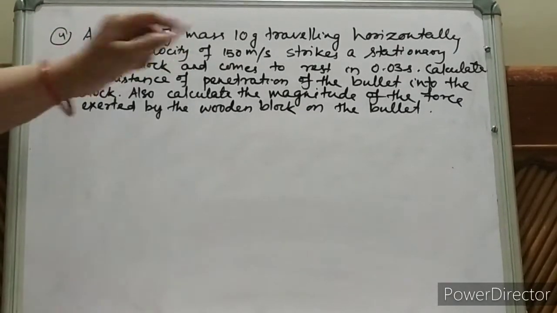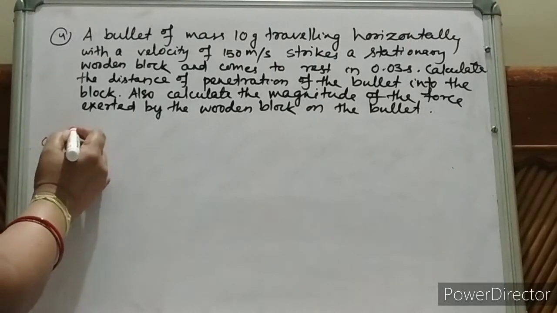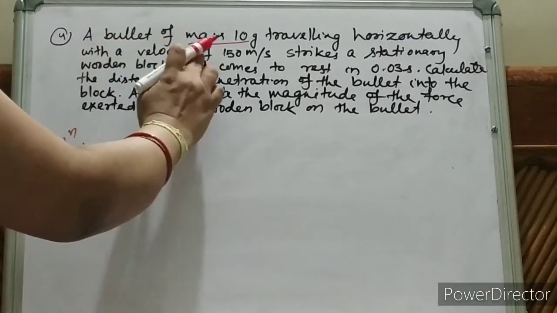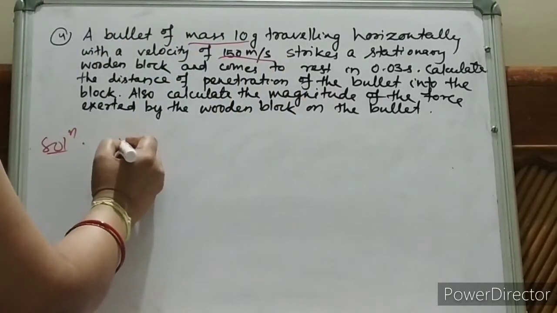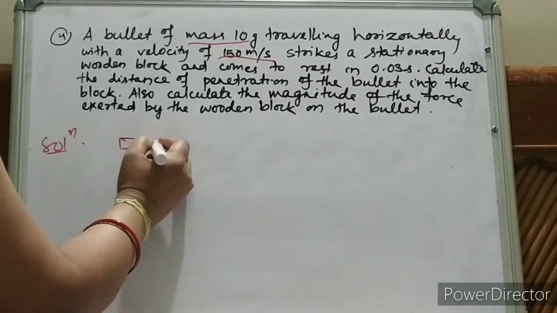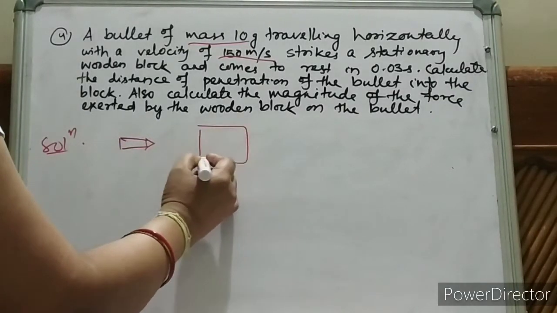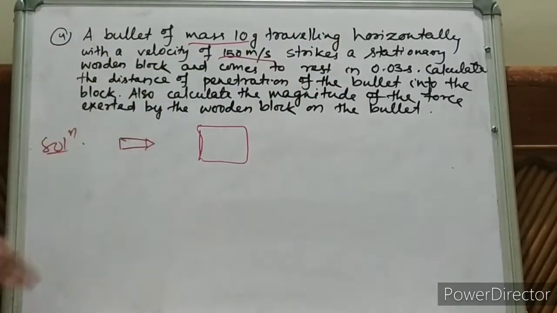A bullet of mass 10 gram is traveling horizontally with a velocity of 150 meter per second. Suppose this is your bullet, and this is your wooden block. It strikes a stationary wooden block.